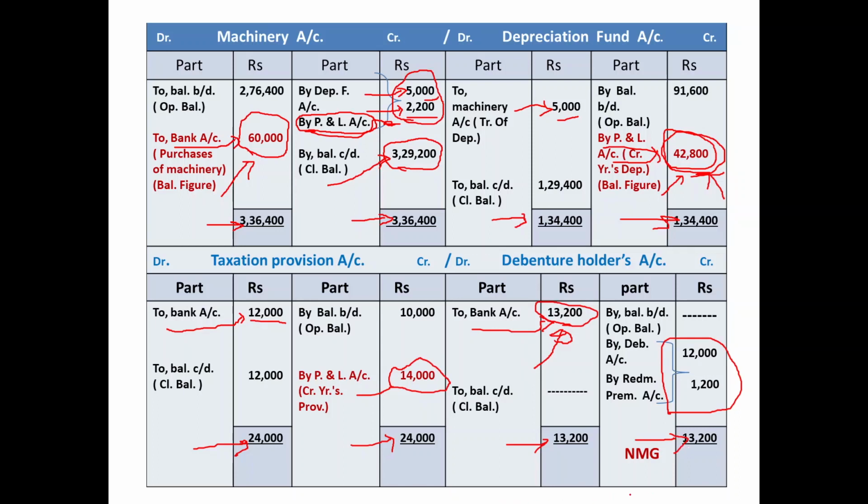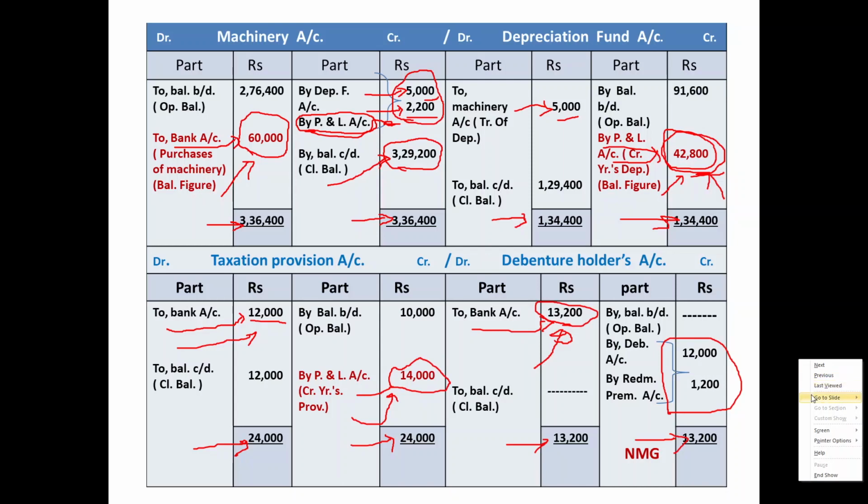Let us think the fund flow impact. Bank 12,000. You know, this transaction bank 12,000 is related with the fund flow, while this one 14,000 having a narration profit and loss is related with adjusted profit and loss account.